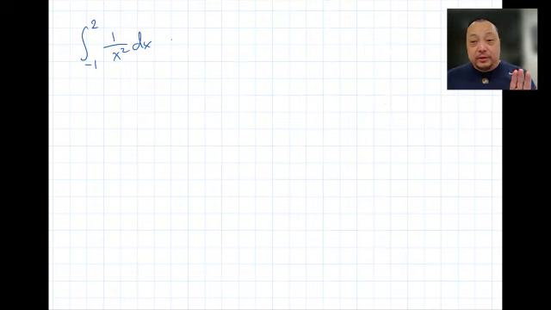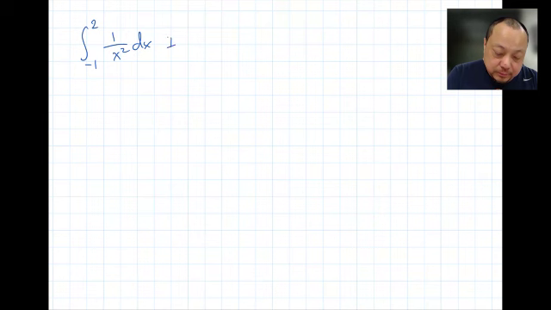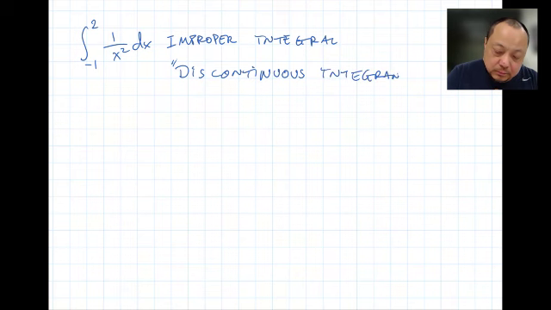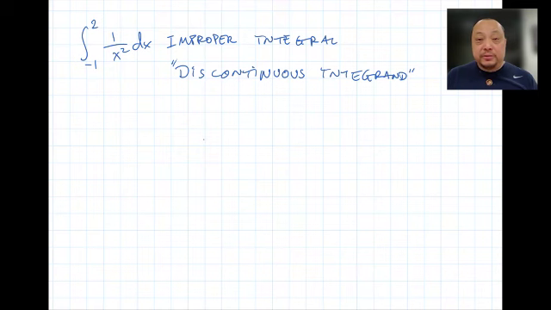So this kind of integral is what we call an improper integral of the discontinuous integrand type. That's one type of improper integrals. The other type of improper integrals is an integral with infinity at one or both limits.